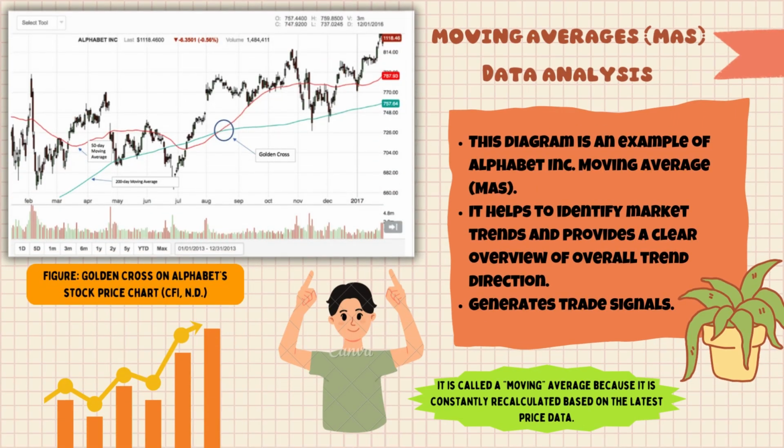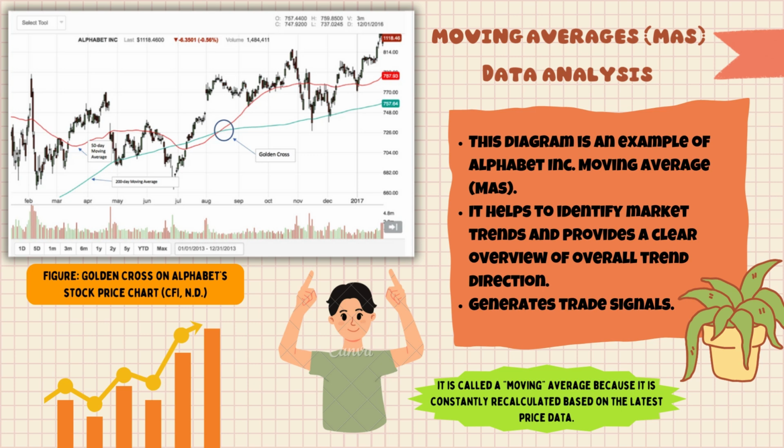here is an example of how we use the technical analysis of moving averages. As you can see, this graph represents the stock price chart for Alphabet Incorporated. You can see the patterns there. It represents the trends. And it's important to know that when we see the graph, we have to look carefully at what direction the trend is moving.